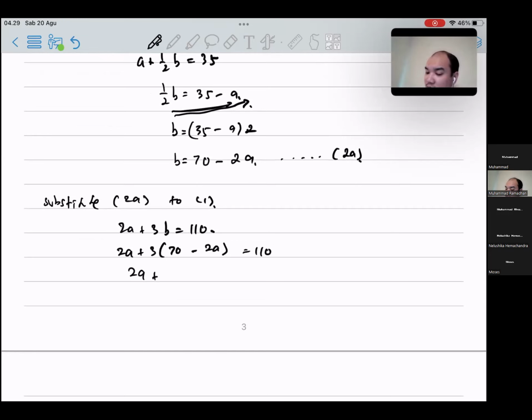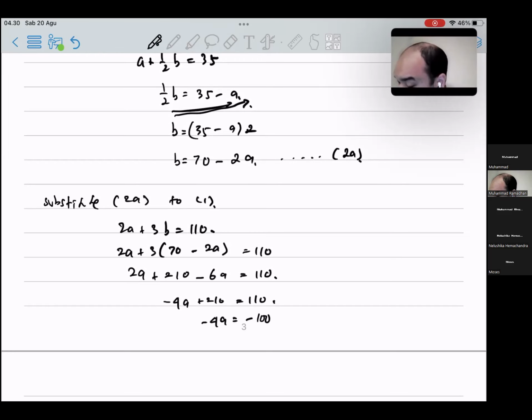2A plus 210 minus 6A equal to 110. So minus 4A plus 210 equal to 110. Minus 4A is minus 100.